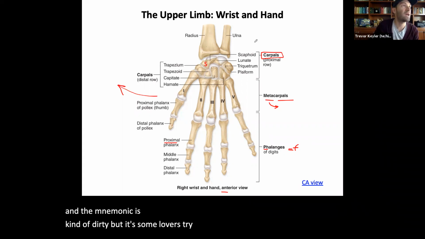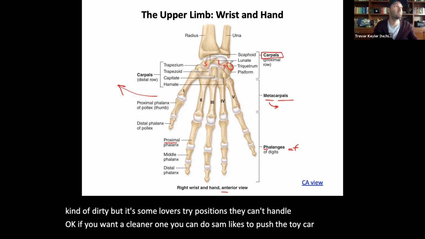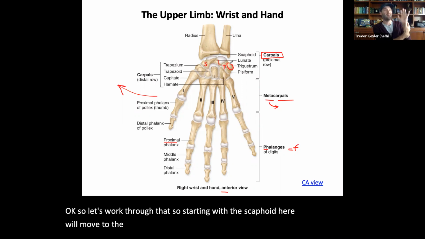So starting with the scaphoid here, we'll move to the lunate, the triquetrum, and that's kind of obscured by the pisiform, which sits directly above it. And you can feel your pisiform here. In fact, you can move it around.